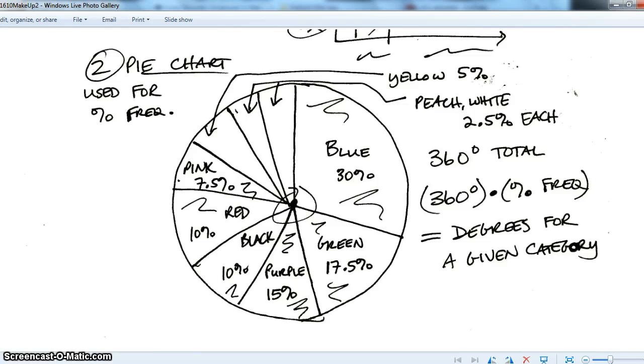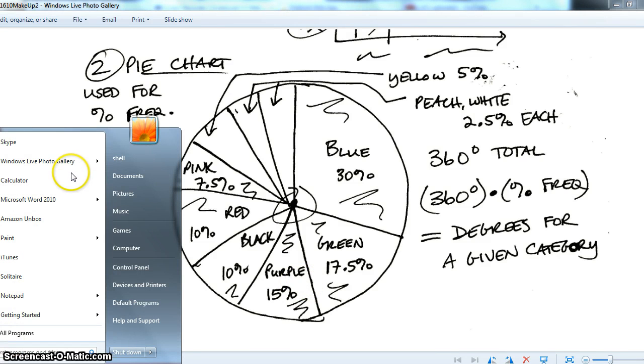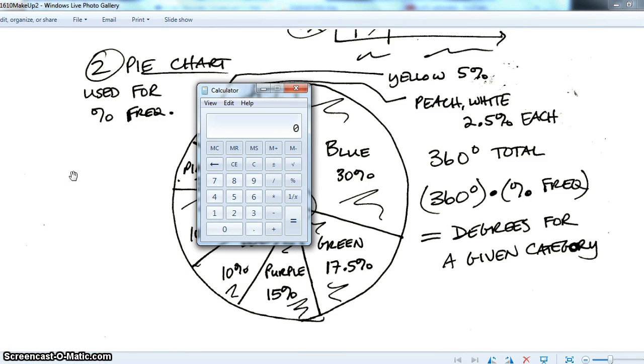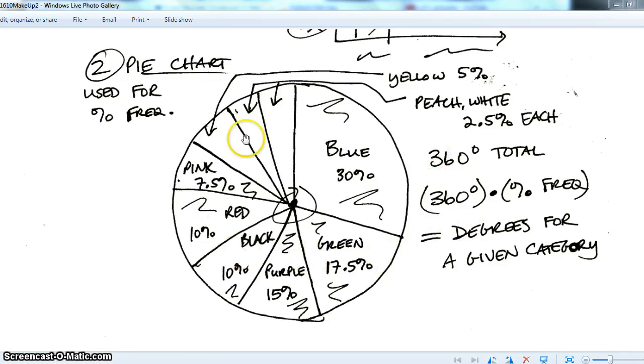So 360 degrees times 30%, 30% of 360 degrees is 108. So blue has 108 degrees. Purple, 15% of 360. It's really late. I don't feel like doing arithmetic in my head. 54 degrees. Okay. And so on. So you get the idea, and then that'll add up to the 360 degrees total.